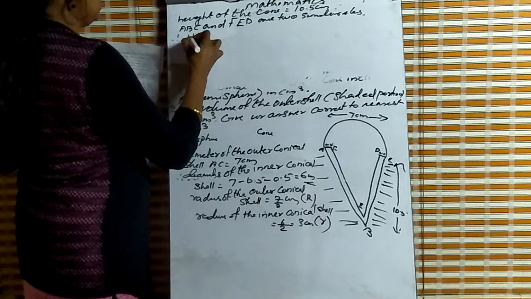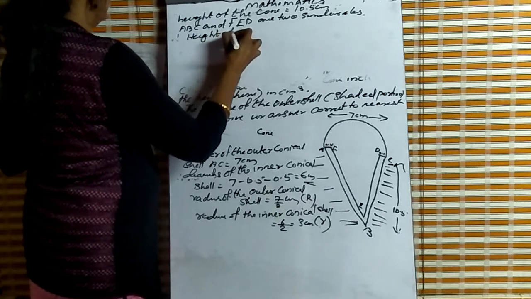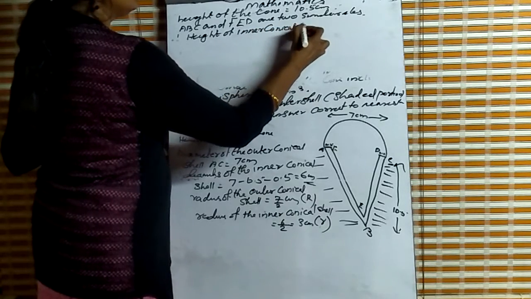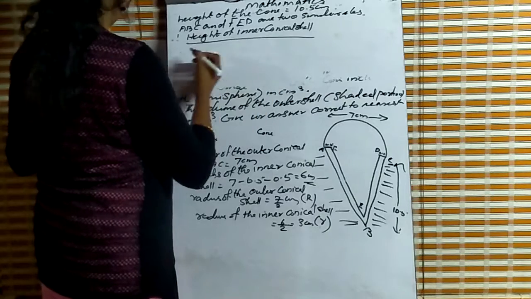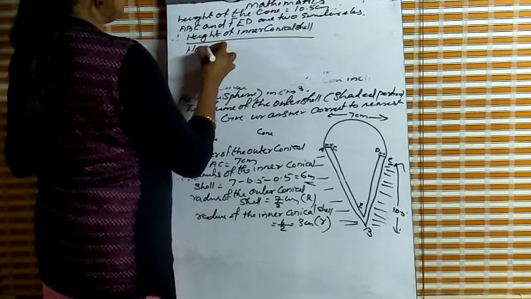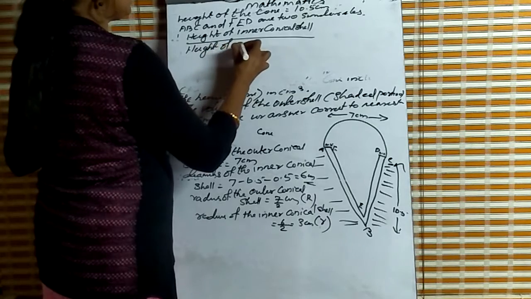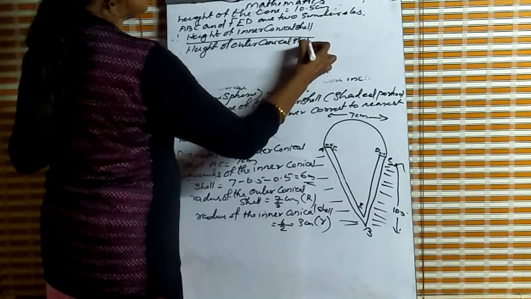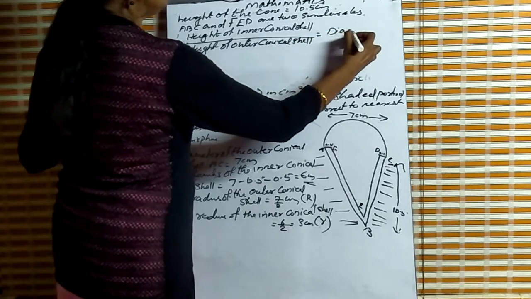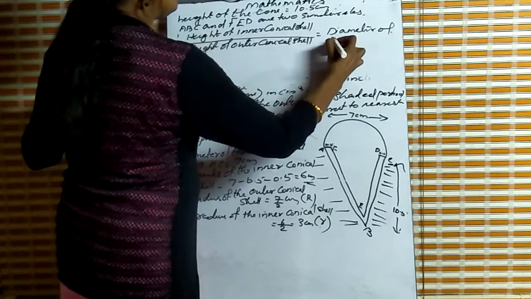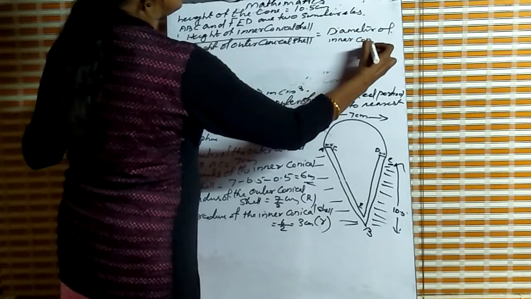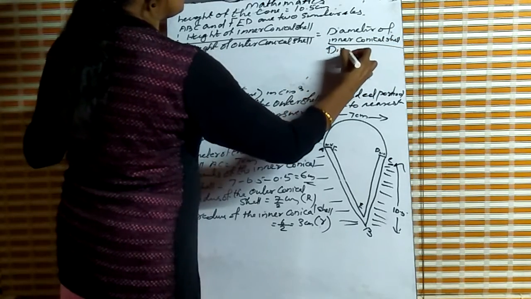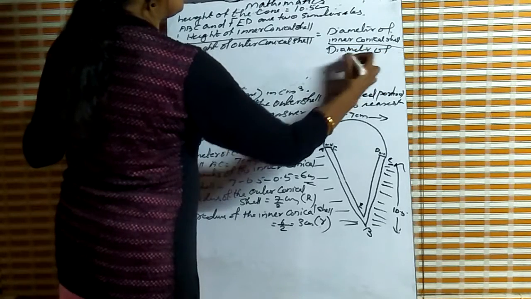Therefore, the height of the inner conical shell divided by the height of the outer conical shell is equal to the diameter of the inner conical shell divided by the diameter of the outer conical shell.